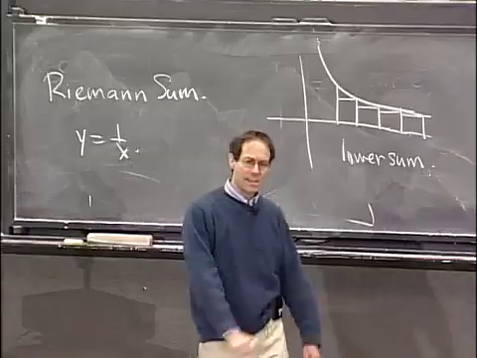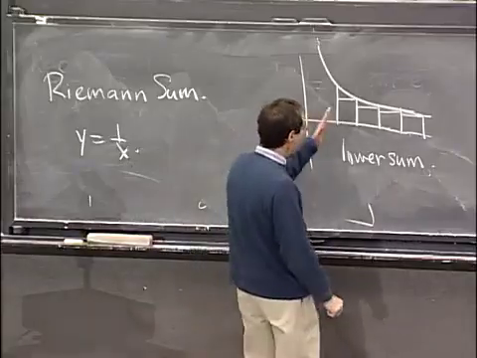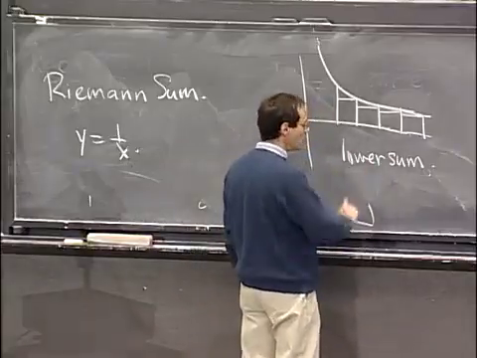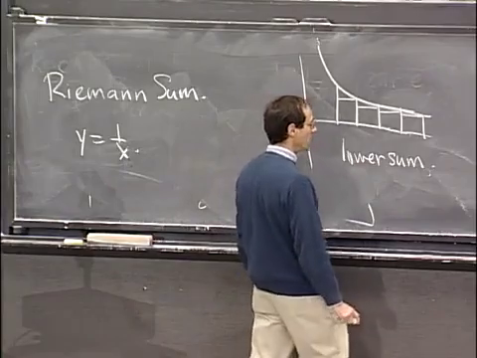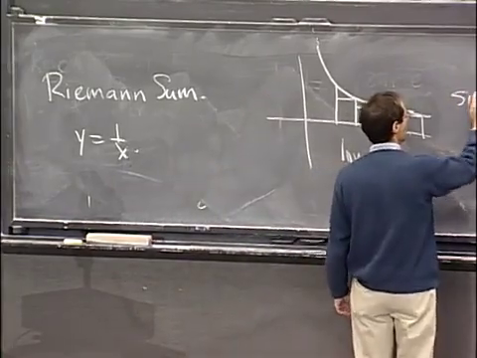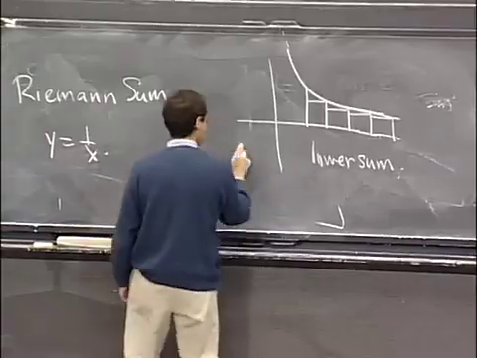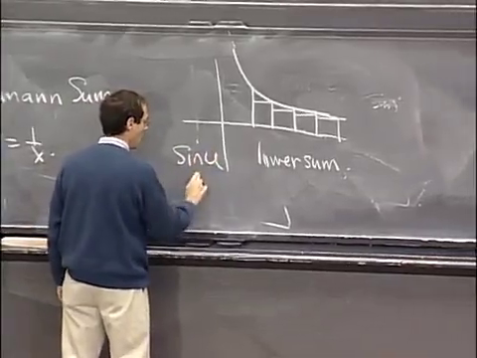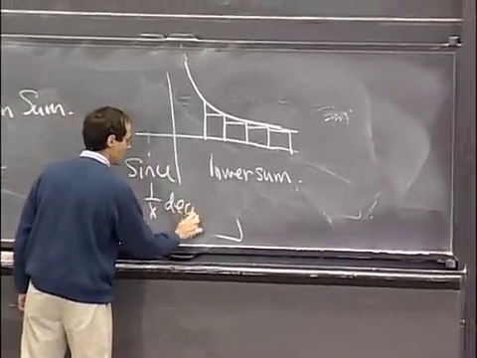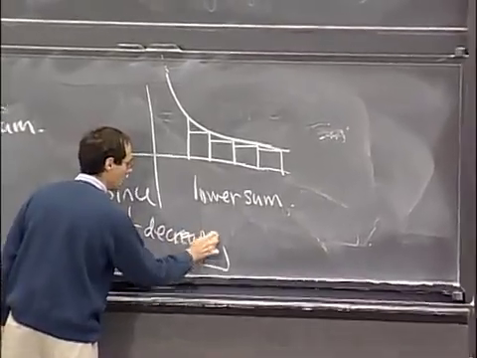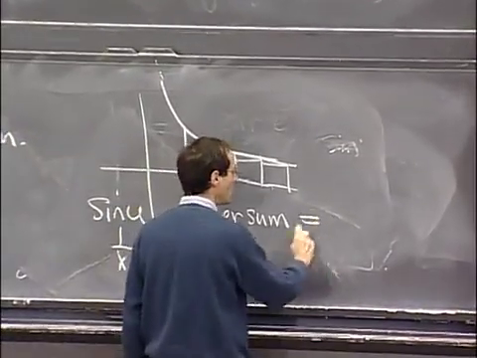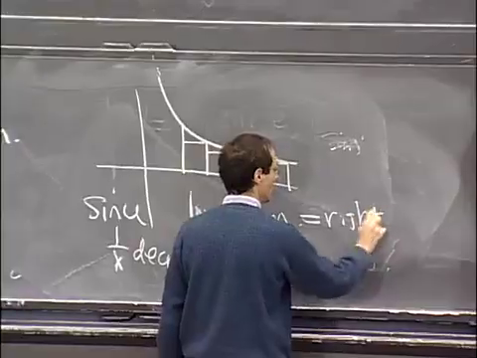It's always less. And in the case of a decreasing function, since 1 over x decreases, the lower sum equals the right sum.